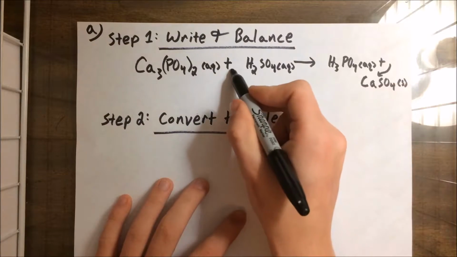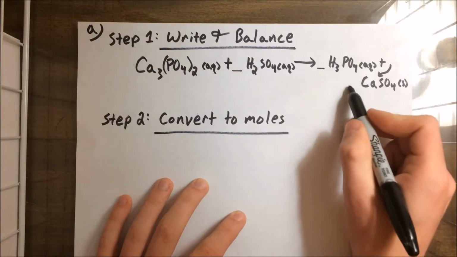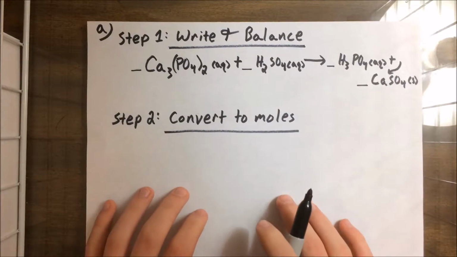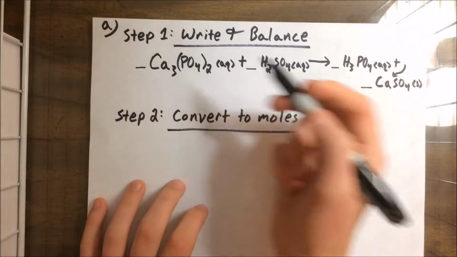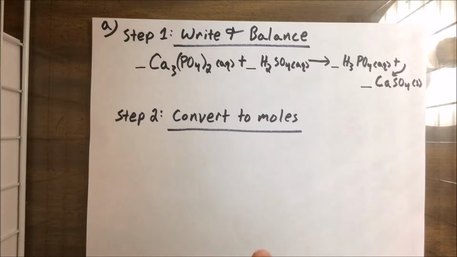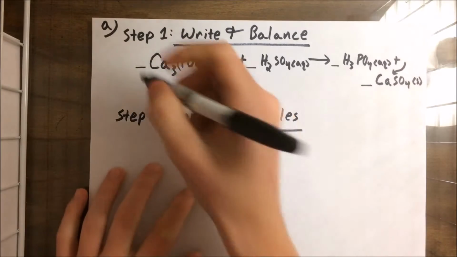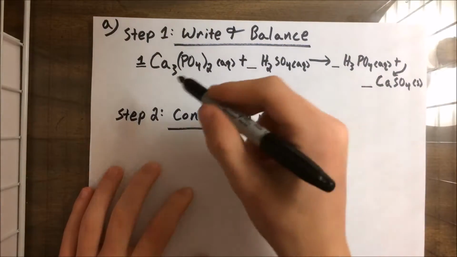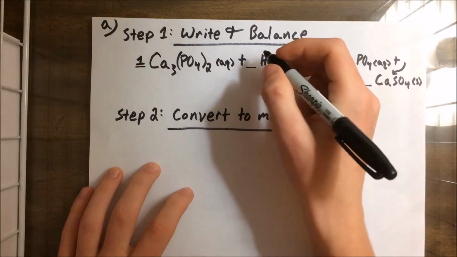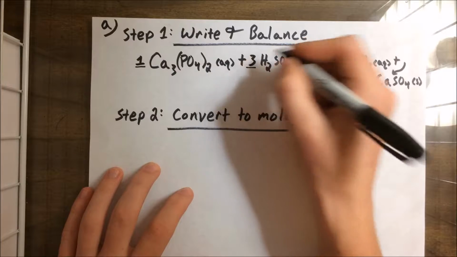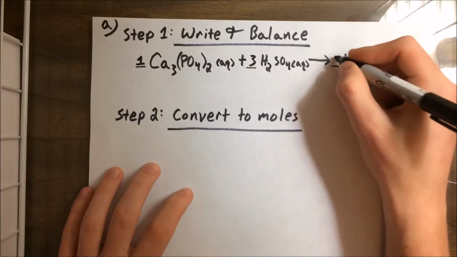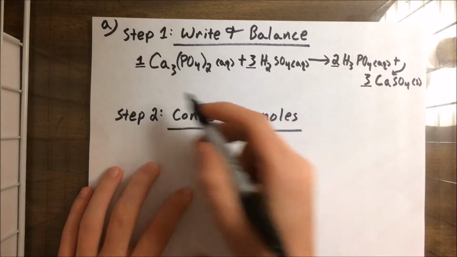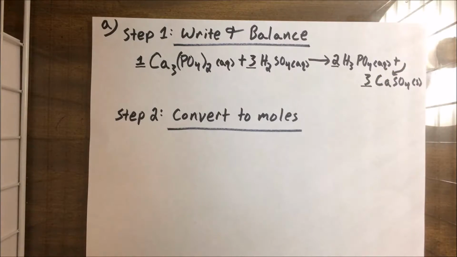To balance it, we need to put the mole-to-mole ratios. Let's put a 1, which you don't actually have to put, but just so I have everything there. And then this would be a 3, this would be a 2, and this would be a 3. So that is the balanced reaction.